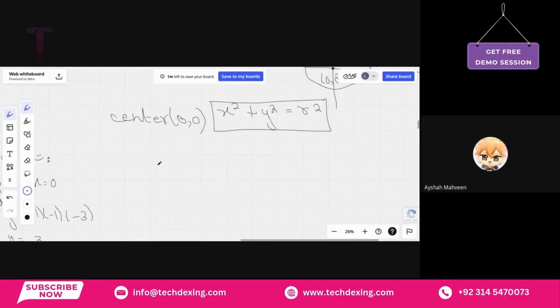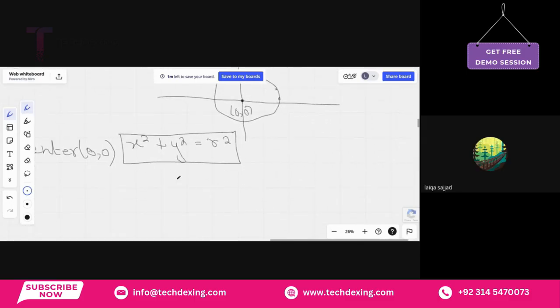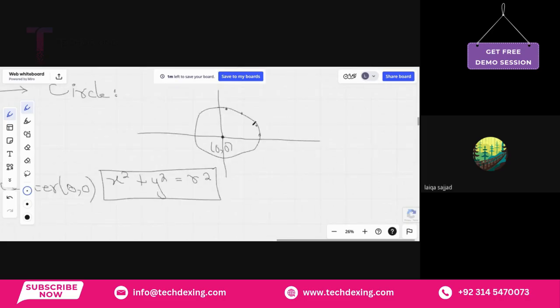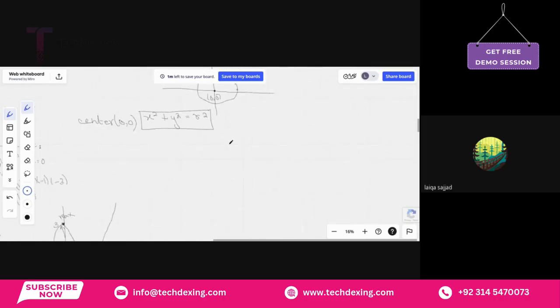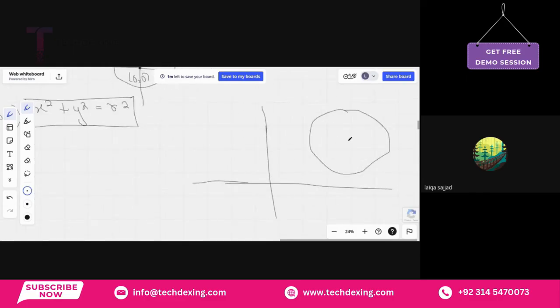But what if we say that, for example, I have moved my circle somewhere in between in quadrant 1, somewhere over here, and the center of this circle has now got the coordinates a and b. Its x coordinate, I am generalizing it as a, and its y coordinate is b.